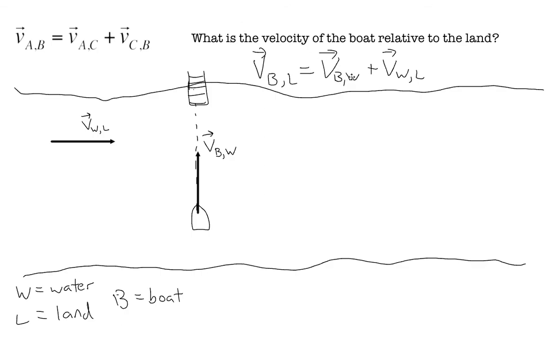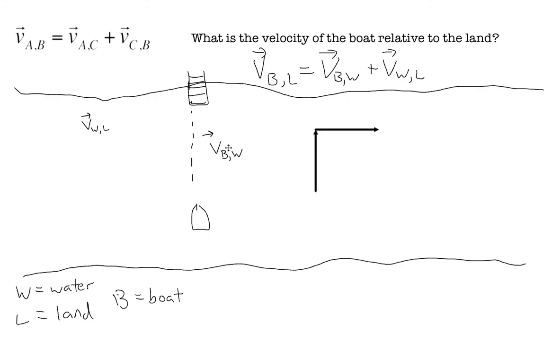So we have these vectors. The boat relative to the water, that's this vector. Now it says to add this vector, the water relative to the land. That's this vector right here. And the way that you add vectors, as we've seen before, is the tip-to-tail method.